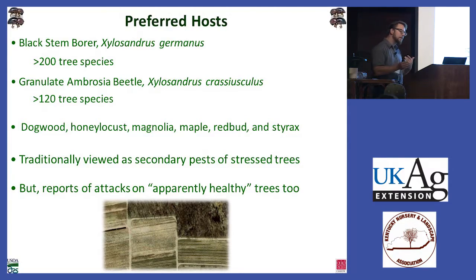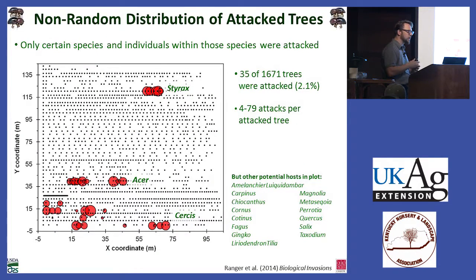And this concept of apparently healthy is a little misleading in the sense that just because a tree looks apparently healthy doesn't mean that it actually is. In other words, it can be emitting stress-related volatiles that the beetles are able to key in on. And I'll discuss that in a little more detail in a minute.